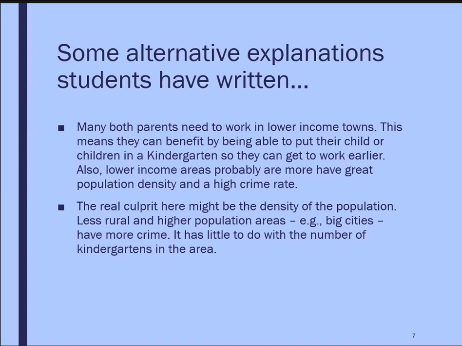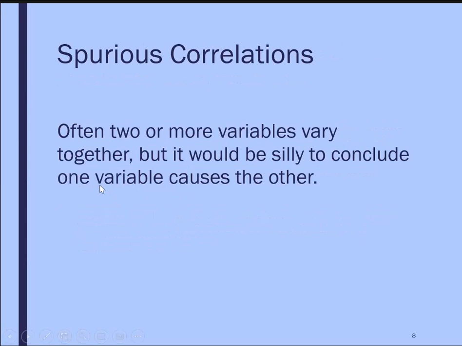Also, in lower income areas, probably they have a greater population density and a higher crime rate, which brings us to the next point, which says the real culprit here might be the density of the population. So the areas that are less rural and higher in population, like big cities that have more of an urban setting, have more crime, and it really doesn't have anything to do with the number of kindergartens in the area.